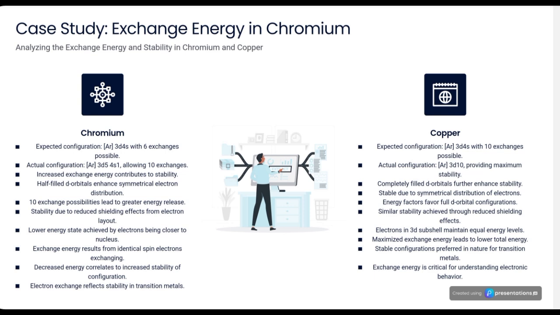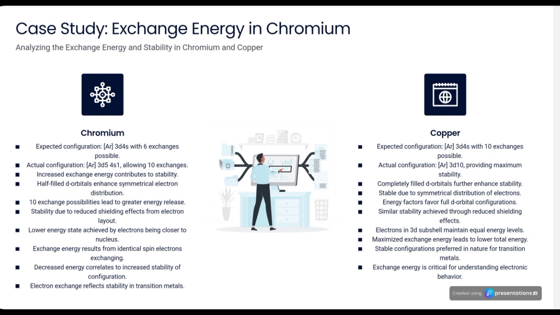The electrons are de-excited, and if somehow they contain some excitation, the energy would be equally distributed. That will increase the stability of the configuration, as the stable configuration is preferred in the nature of the transition metals. So we need a stable configuration so that excitation could be minimized and stability could be maximized.